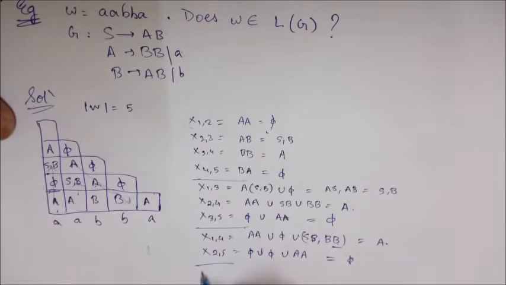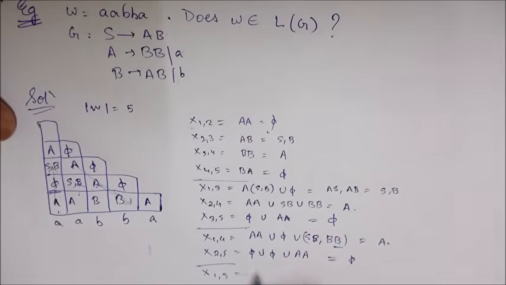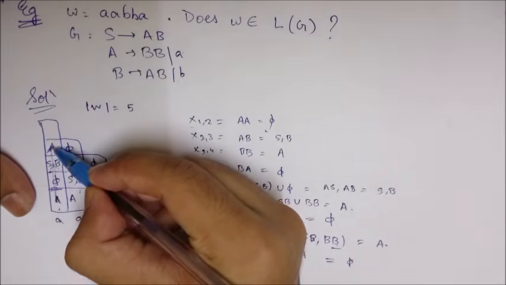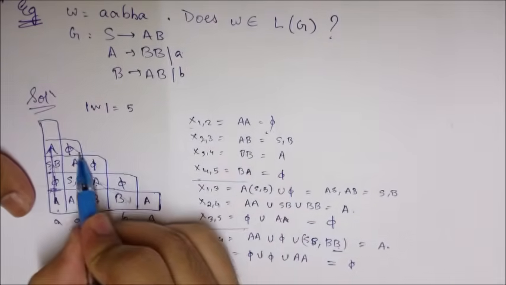Now the next value to be calculated is x of 1 comma 5, which is the topmost value. Here we take two paths, one vertical and one diagonal.